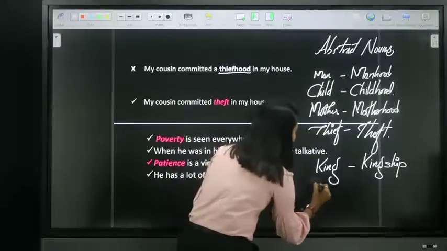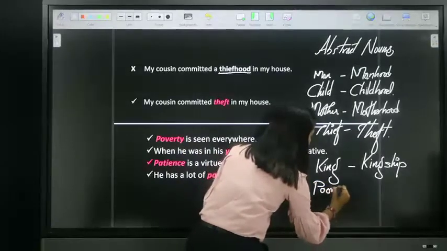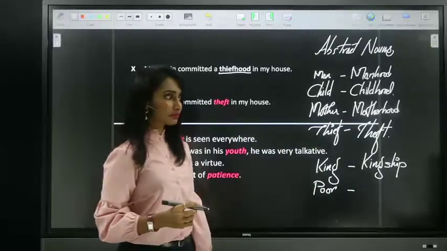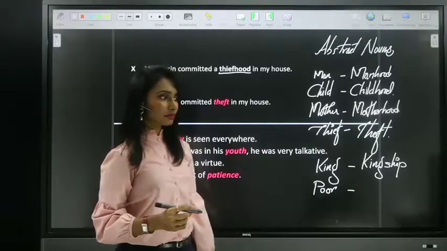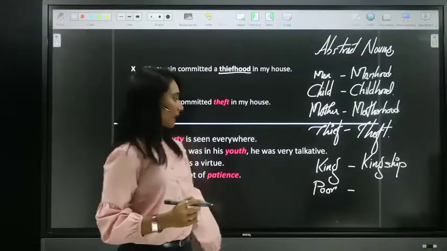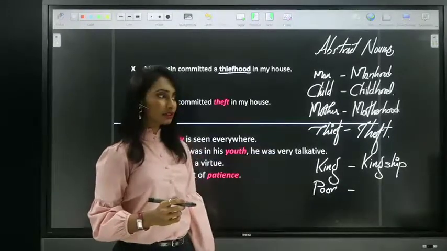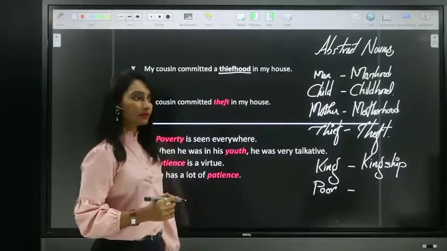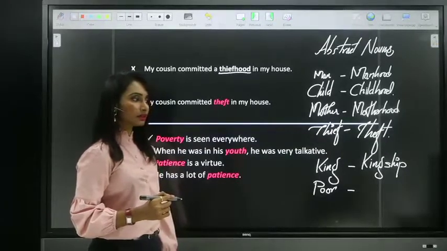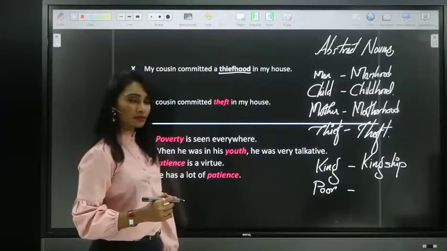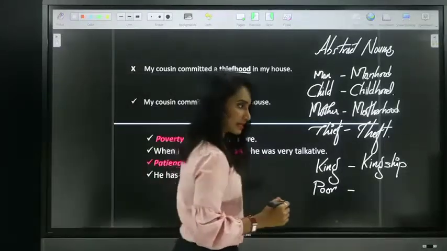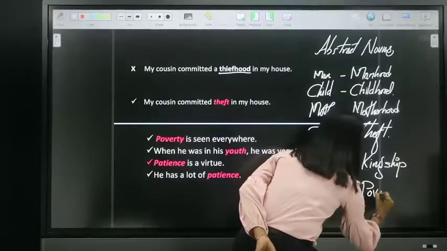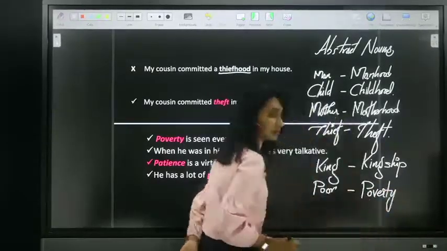And in the same way, what is the abstract noun for poor? Yes, good, Angela. So the abstract noun for poor is poverty.